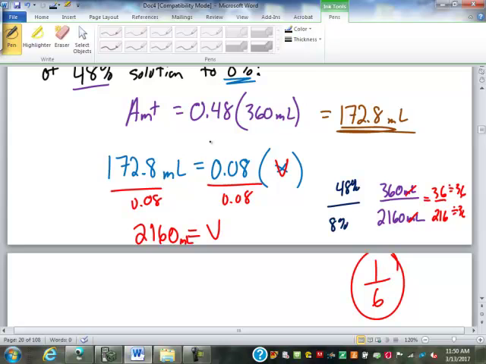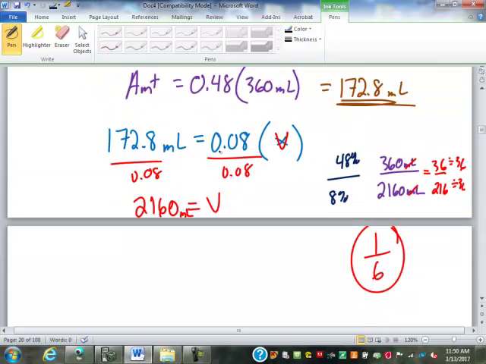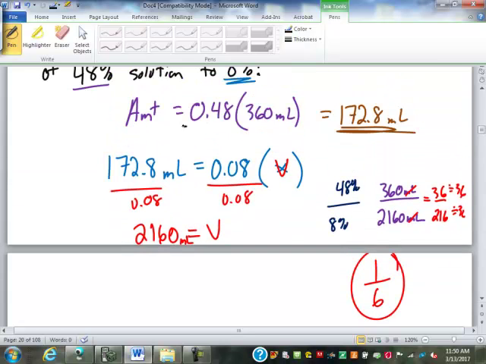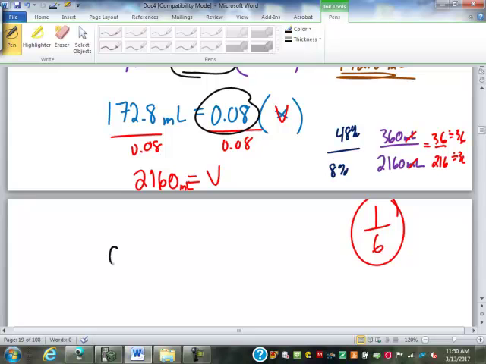Now, if you're looking at these carefully, you will see here the ratio of the percent, so the concentrations. The new concentration to the old concentration. 0.08, 0.48, or we just have 8% over 48%.